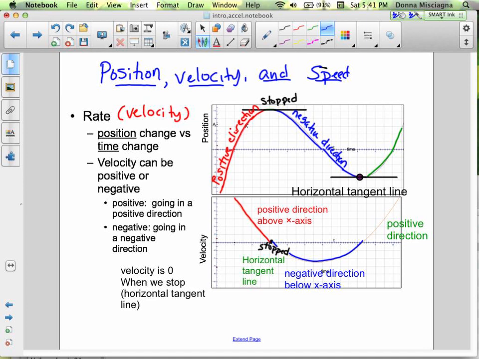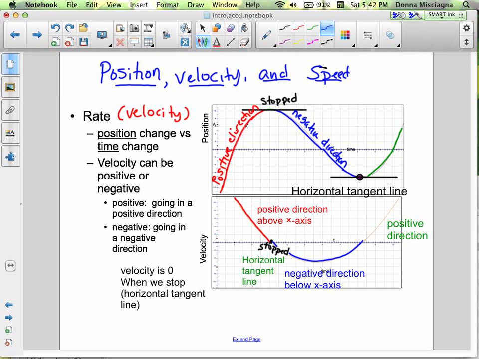So negative direction, which means our position function has negative slope, means our velocity function is below the x-axis. So when the y values for velocity are negative, the position is going in a negative direction.